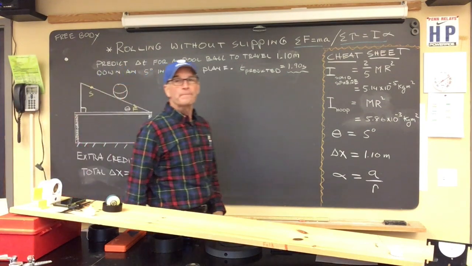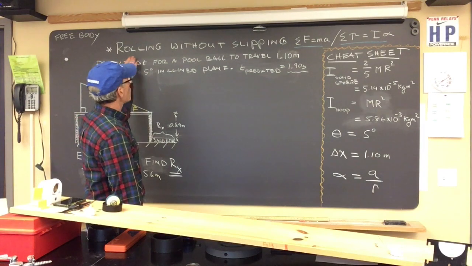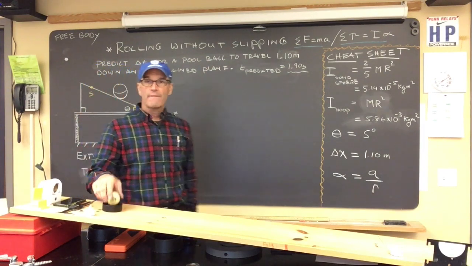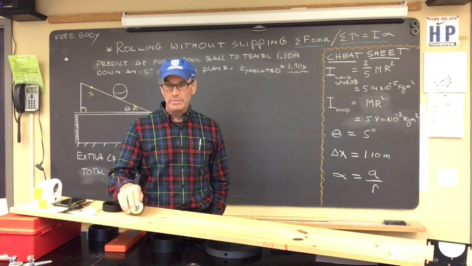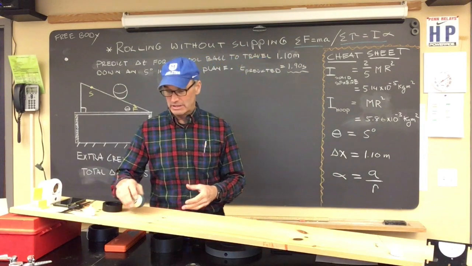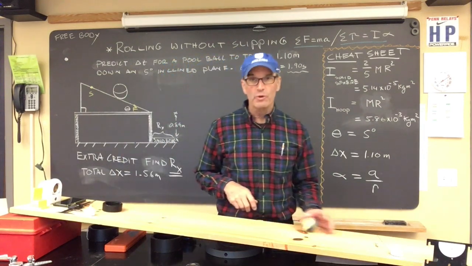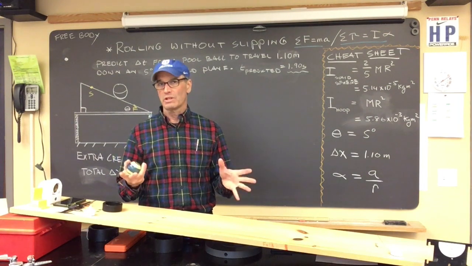Put my guitar away. Today, I'm going to demonstrate rolling without slipping, and that would be this pool ball, number 10 ball, placing it on a surface, and you'll notice that it's rolling without slipping. So it's exhibiting both translational motion and rotational motion all in one.